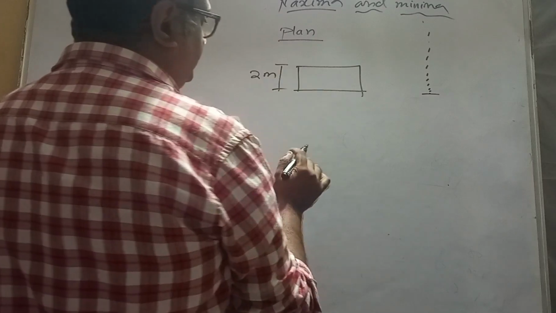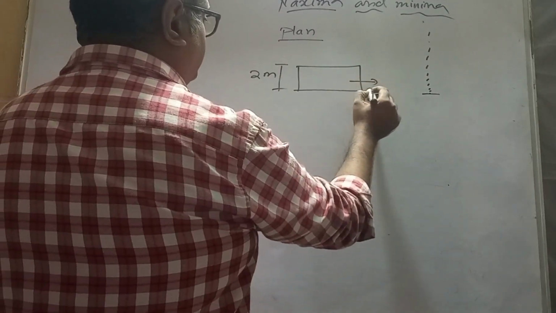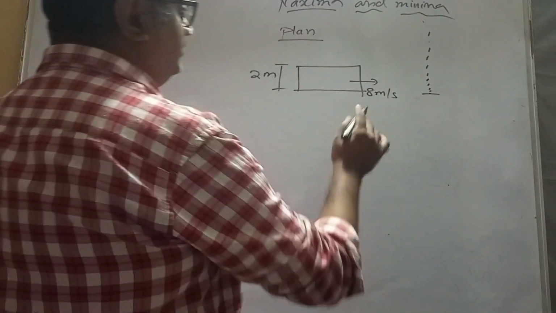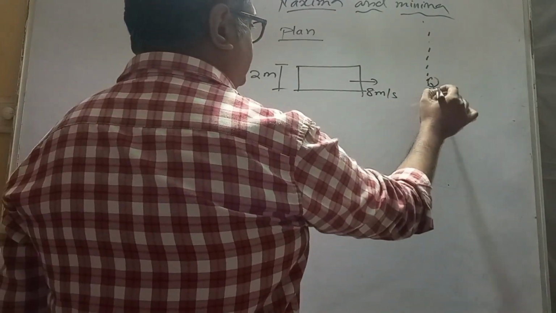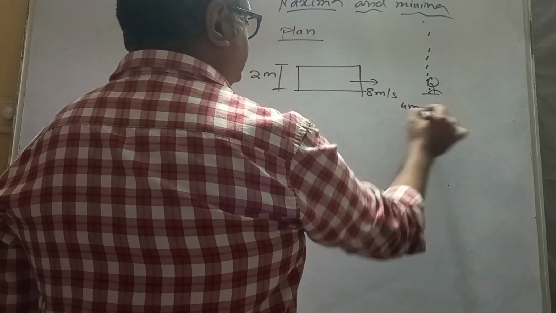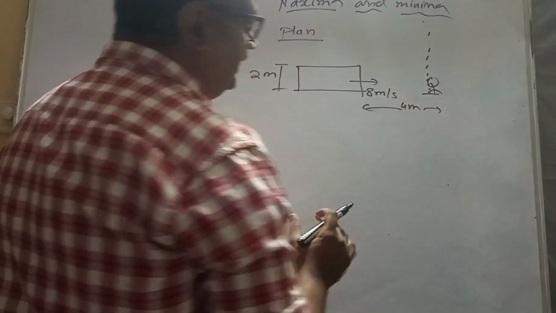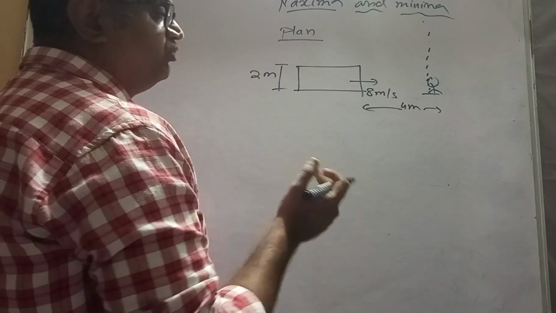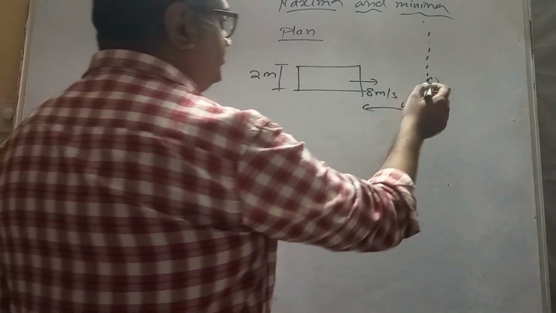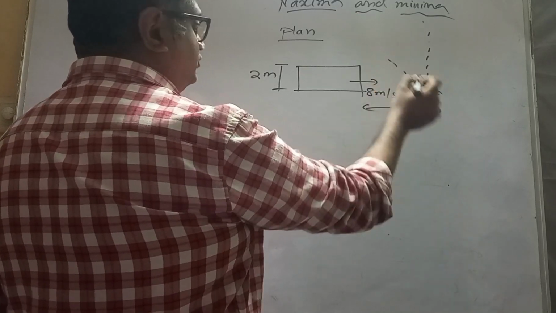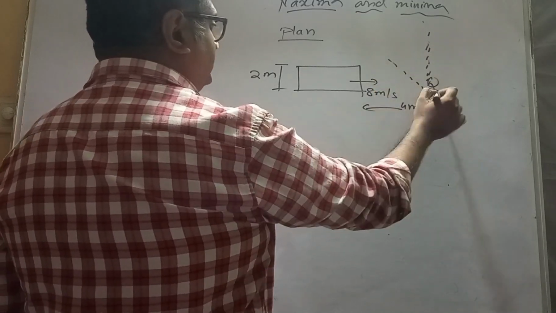So the speed of the truck is given as 8 meters per second, and this person is at a distance of 4 meters from the truck. Now at what angle should he go, or what should be his minimum speed, so that he is able to safely cross the truck? The person can go like this, like this, or like this.